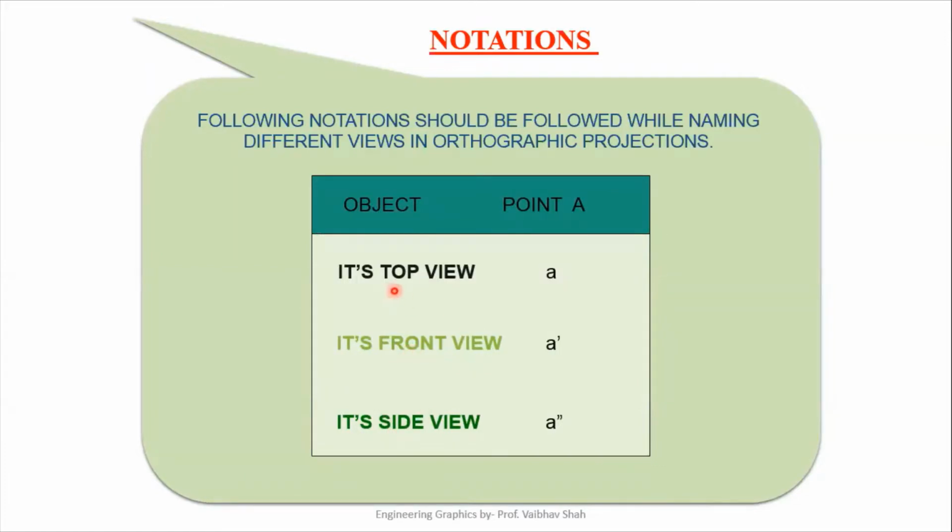Let us first define its top view. Its top view will be defined by small a, without any dash, as your point is capital A. Its front view would be defined by small a with a dash, and its side view would be defined by small a with a double dash.